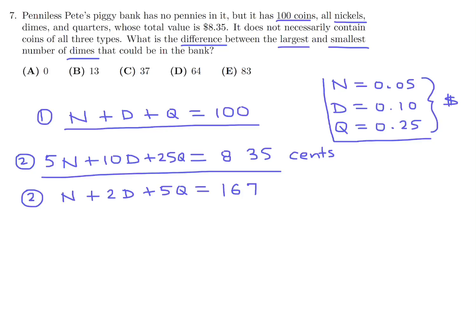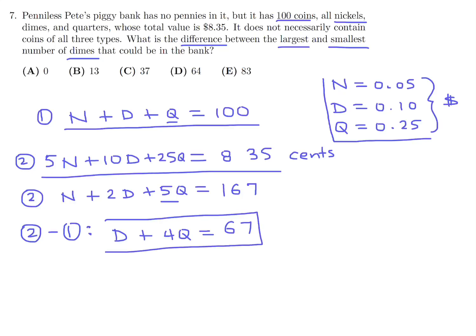I think I can get rid of the n's just by subtracting those 2 equations. 2 minus 1 gives me n minus n, which is 0, 2d minus d, which is d, then 5q minus q, which is 4q. And then 167 minus 100, which is of course 67. So d plus 4q equals 67. Here we go, I'll work with this now.